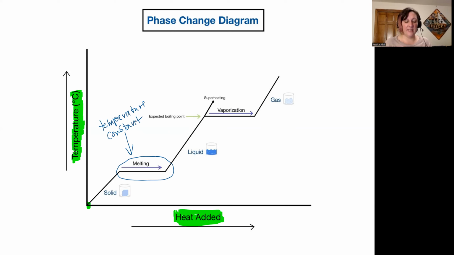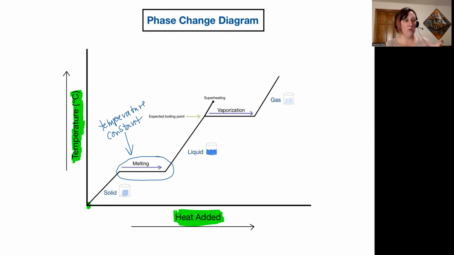It will be constant as the phase transition takes place. We're putting more energy into the system, but all that energy is now going to each molecule or atom having more motion to start moving around as a liquid rather than stay in one spot as a solid. And so during that process, the temperature of the matter doesn't increase at all.